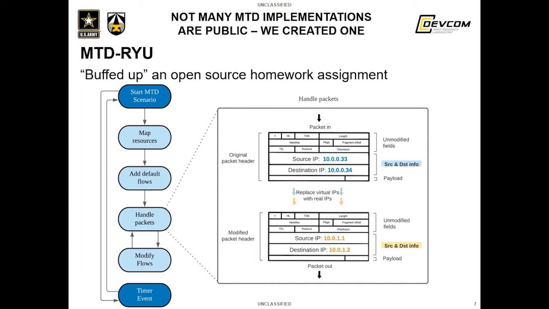Virtual IP addresses are used to communicate across nodes, and these are available through a name lookup, so real IPs cannot be used directly. The controller handles this conversion, and also on a specific interval, or a shuffle time, which we call it, the controller will clear out any virtual to real IP mappings.